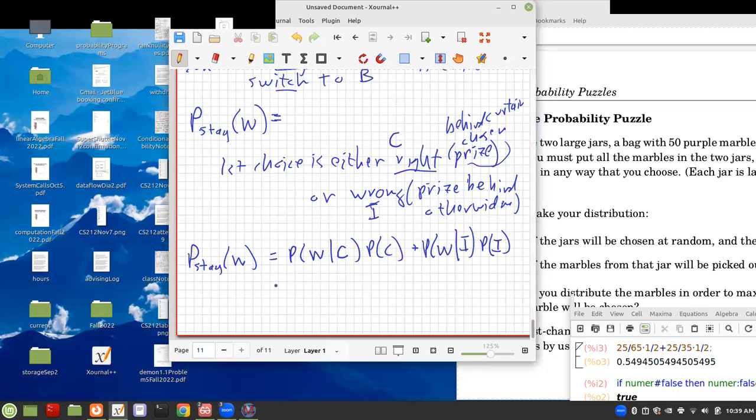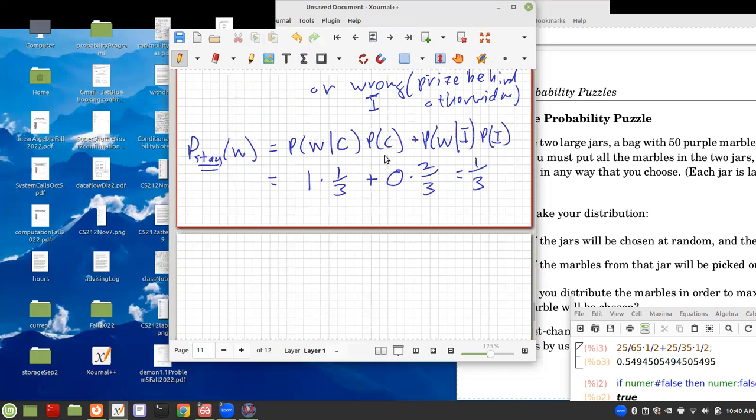If you're staying with your original choice, your probability of winning given a correct first choice is 1, times the probability you're correct. That's 1/3, because there are 3 curtains and you have no information on your first choice. Plus the probability of winning if you're incorrect and you've stayed, which is 0, times 2/3. So if you stay with your original answer, your probability of winning is 1/3.